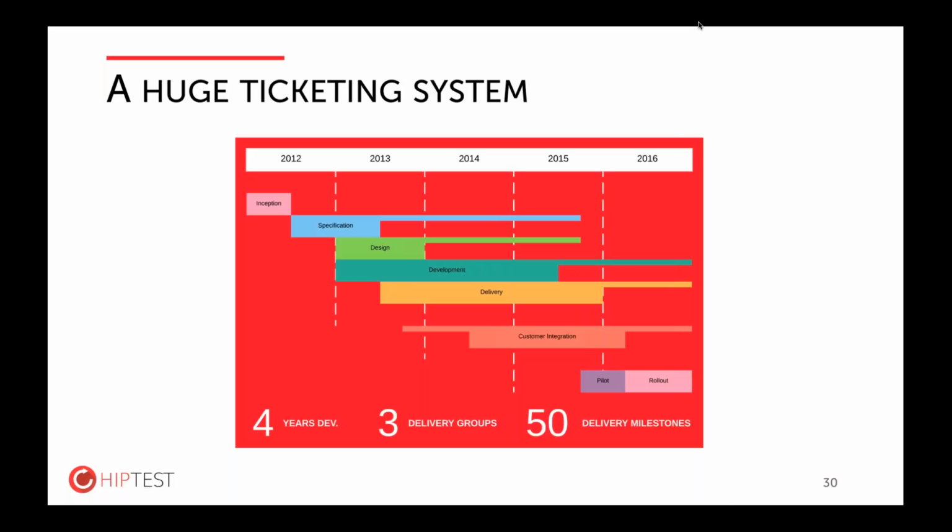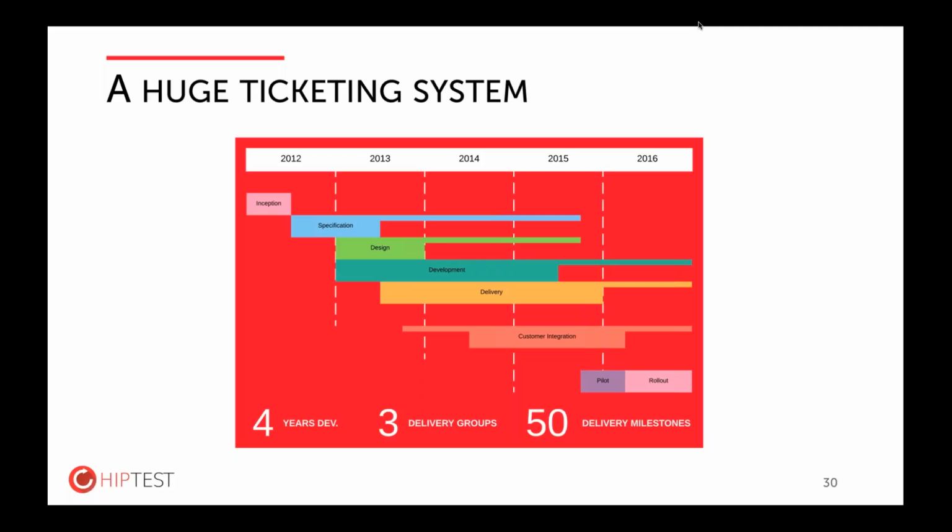So here we can see the timing and the schedule of the project that lasted 4 years. You can see here that at the beginning there was an inception phase, and then specification, design, development, delivery, and integration. From 2014, we switched to Agile, and we used BDD to perform the design, development, and delivery.